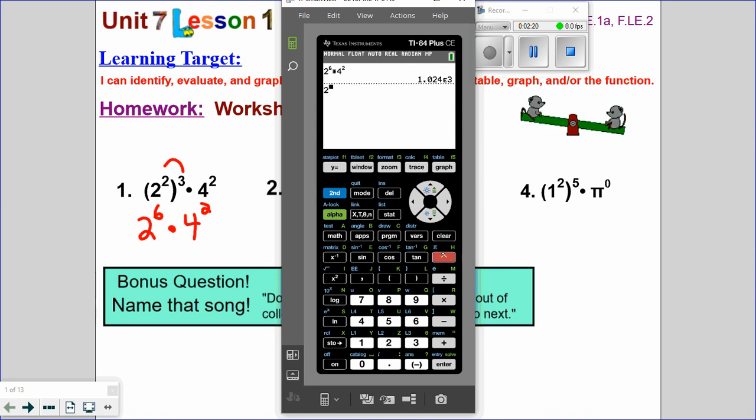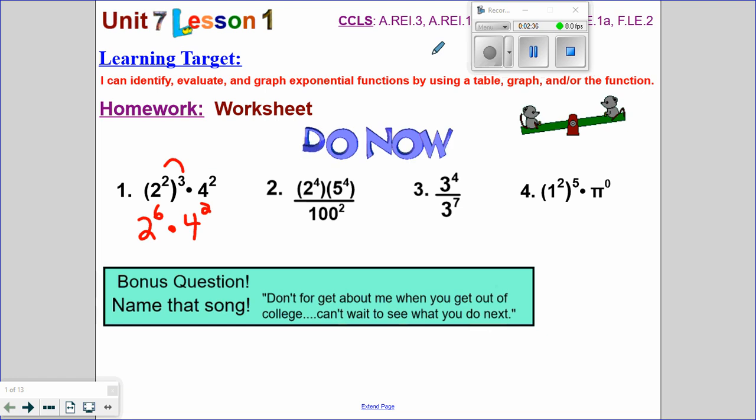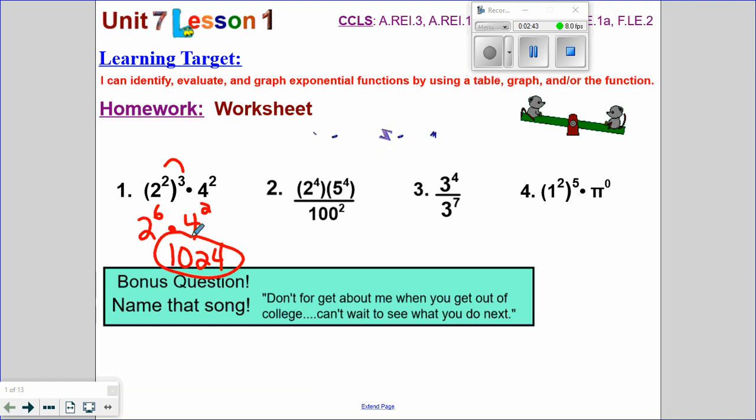So just input that again, and you press enter and you get 1024. And that's basically what you would do as far as that goes. That would be standard. So let's talk about exponential form first, and then we'll talk about standard form.